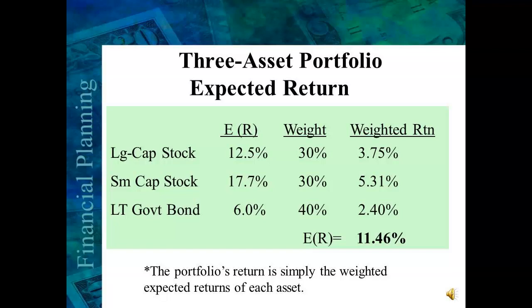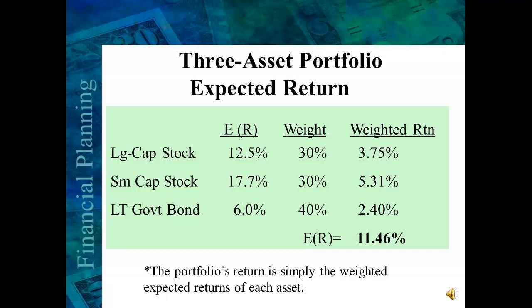As you learned in the last lesson, the expected return of a portfolio is going to reflect to some degree the return of each asset. The amount that each asset contributes to the total return is a function of its weight within the portfolio. In this example, the large cap stock has an expected return of 12.5. Its weight in the portfolio is 30%.